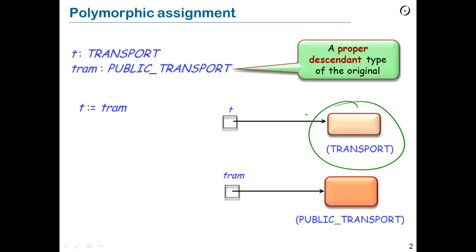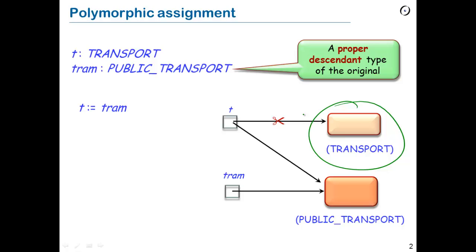What's going to happen, and it's a natural consequence from things we have seen before in our study of assignment, is that it's going to be a reference assignment. Remember that if we have an assignment of a reference to a reference, then no copy of objects is involved. All that we do is that a reference which was pointing to a certain object now gets attached to, that's the more technical term for pointing to, a new object.